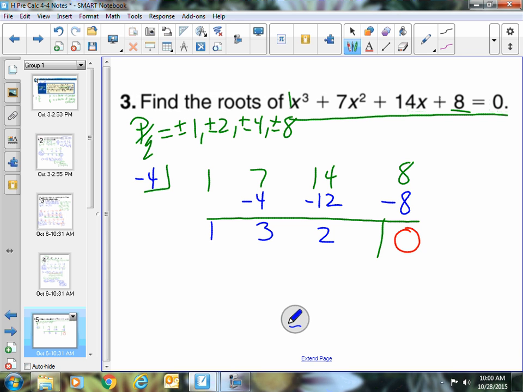You would have had, I think, a 1, a 5, and a 4. If you had found the -1 instead, you would have had a 1, a 6, and an 8. So the polynomial that's left over is going to look a little bit different. But all of the roots are going to be the same. The factors are all going to end up being the same.